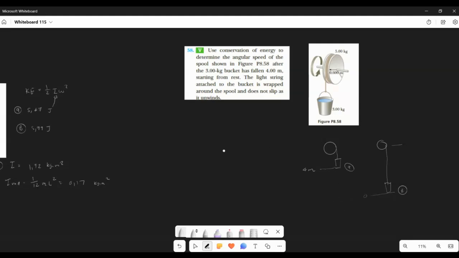So doing the energy type questions, we look at the energy at A, or initial, and the energy at B, or final. Initially, we have potential energy, and it's at rest. You guys agree with me? Potential energy of this bucket.